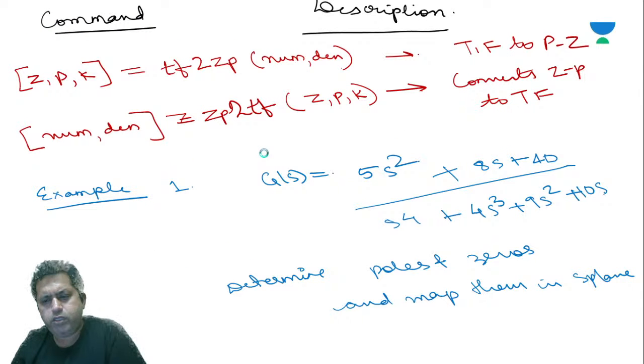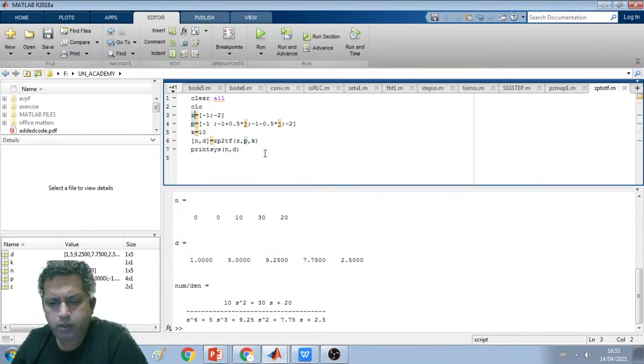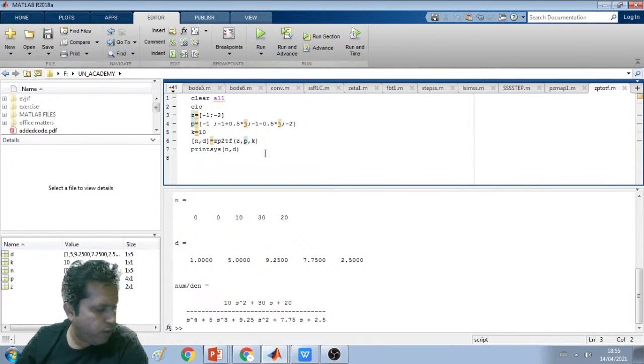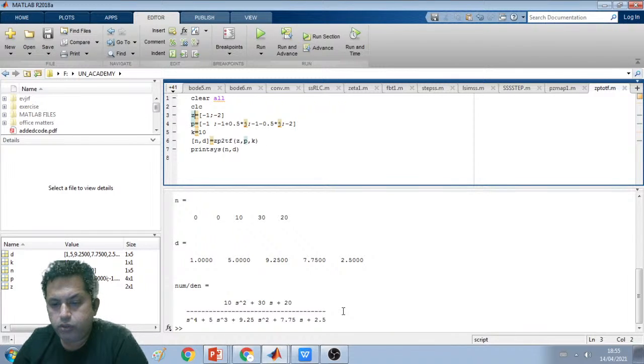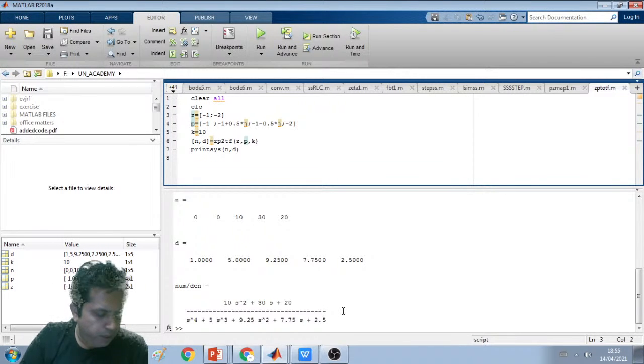Then you will get the picture quite clear: 10s square plus 30s plus 20, numerator upon denominator. So this is how to form transfer function from zero pole diagram.